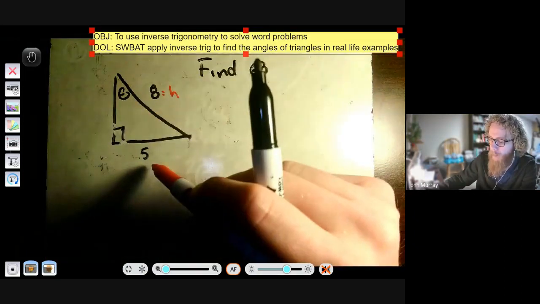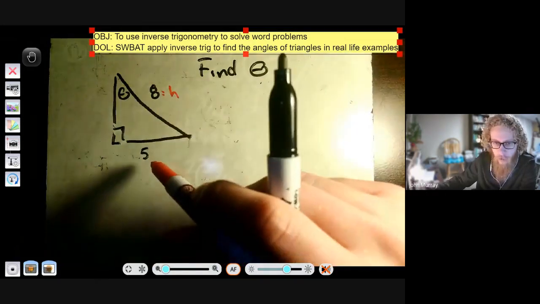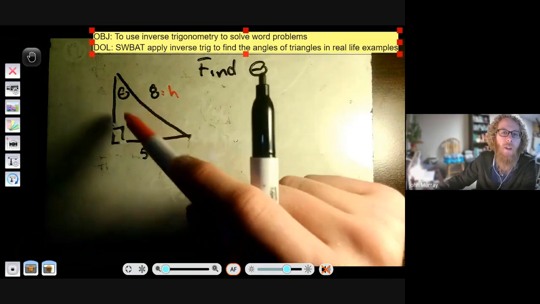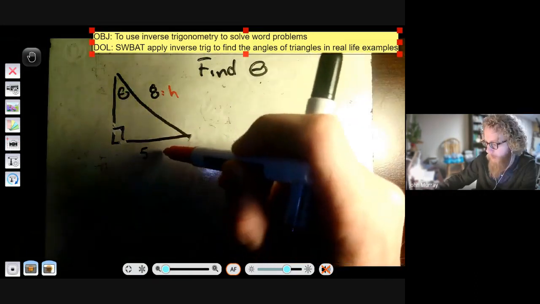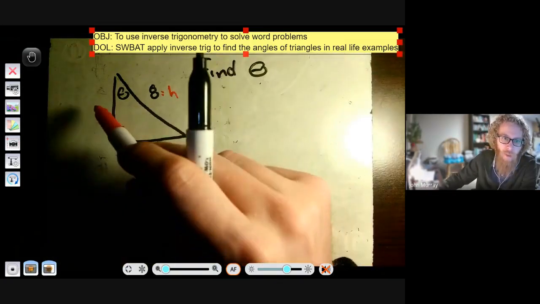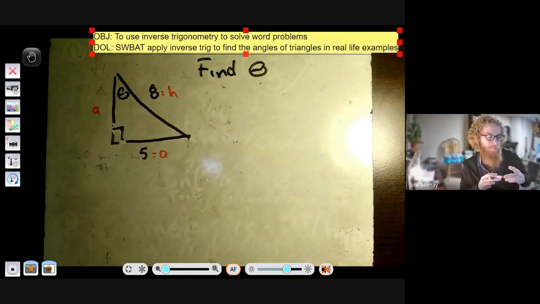The 5 down here, be careful. Normally, we've seen that as our adjacent side. But now my angle is up here, so the 5 is across from the angle. That is my opposite side. Just so we have them all, I'll put the A over there for the adjacent.